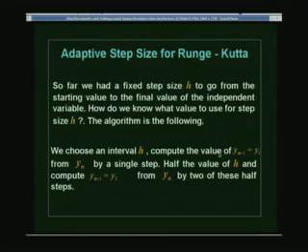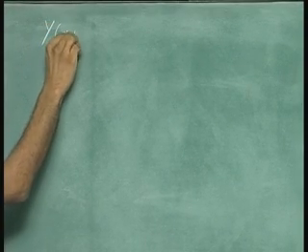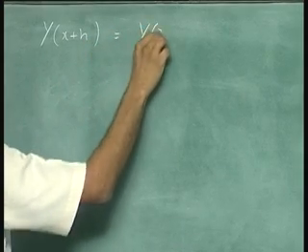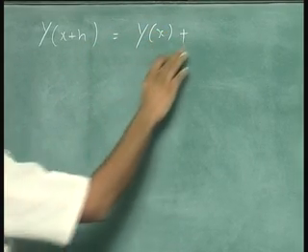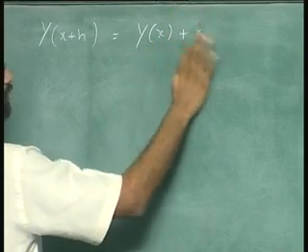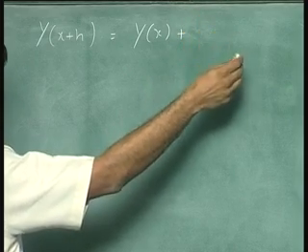Then I would evaluate y at x plus h by using y at x plus, let's say, some h times. Now let me use any of those schemes. Let's say Runge-Kutta 4, second order Runge-Kutta.